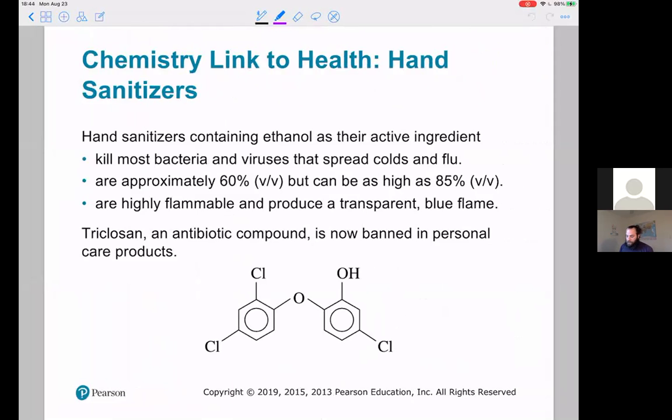They were actually the primary antiseptic or antibiotic that was used for a really long time. The problem is that they are more antibiotic than something like ethanol, which basically means that a bacteria could actually grow to create a resistance to it. And so we don't like to overuse our antibiotics.